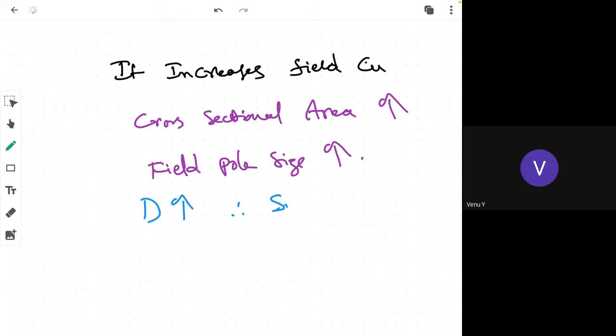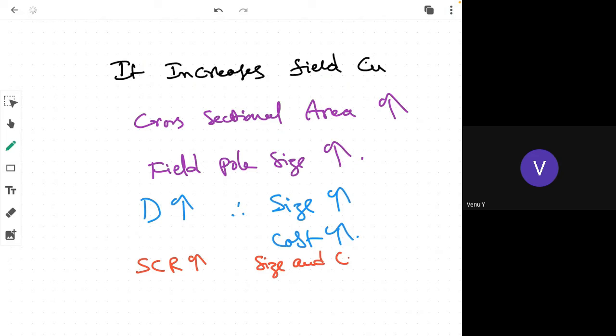Therefore, size has increased, cost has increased. Therefore, the higher the SCR, the more the size and cost have increased.